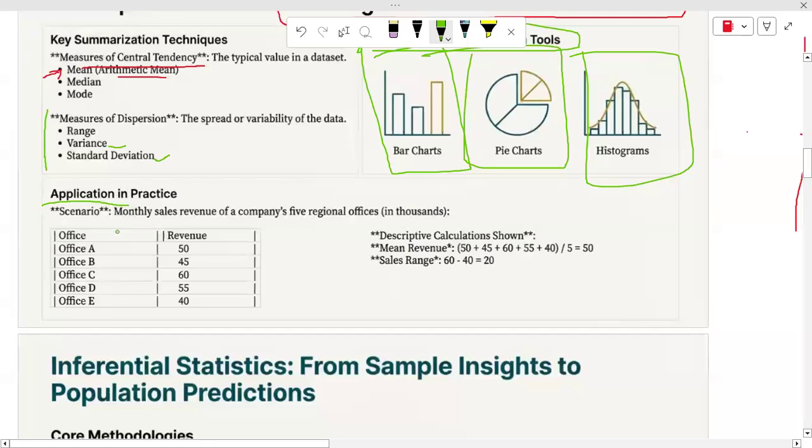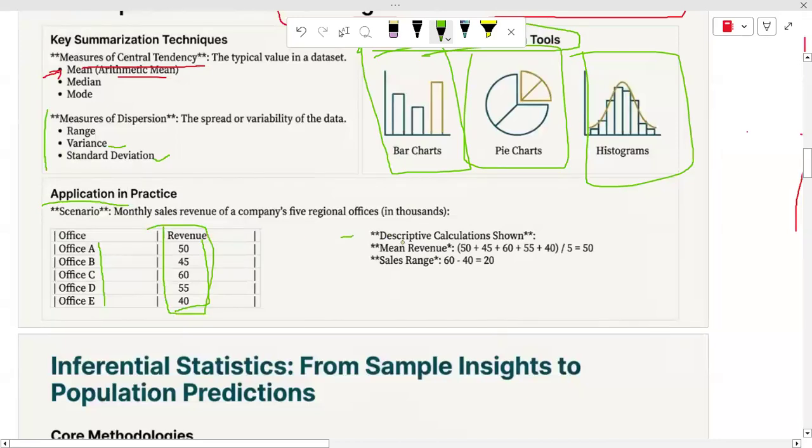Let's see the scenario. Monthly sales revenue of a company's 5 regional offices, with values given in thousands. There are 5 offices, A, B, C, D, E, and the sales revenue in $1,000.